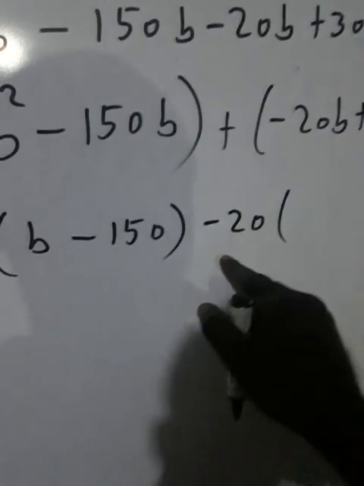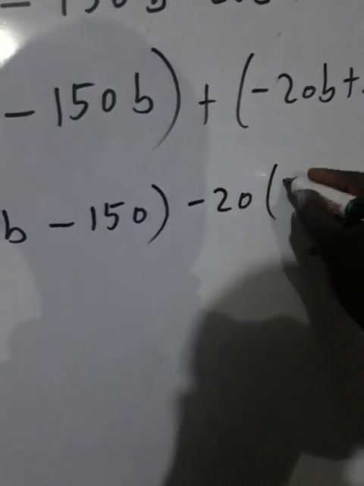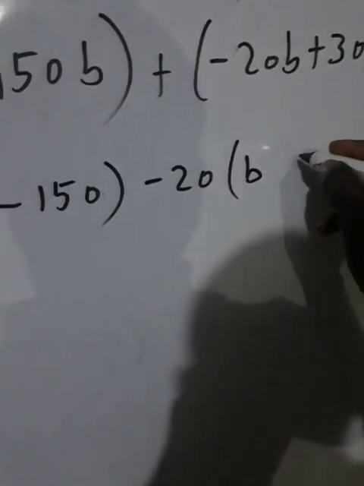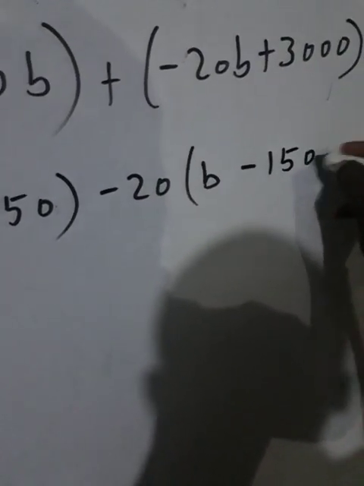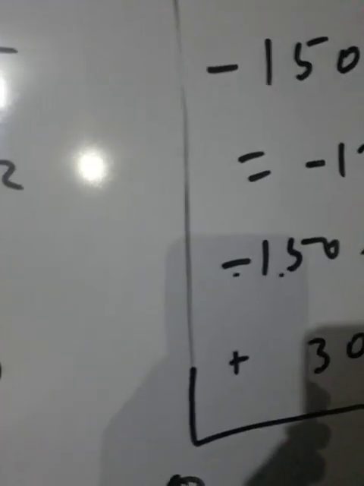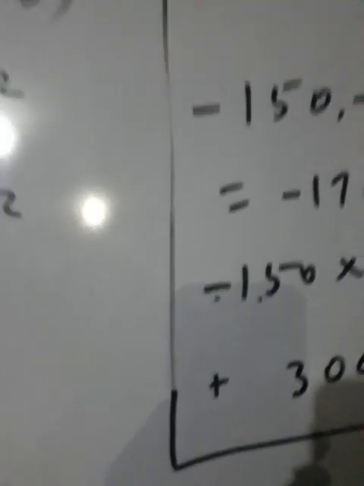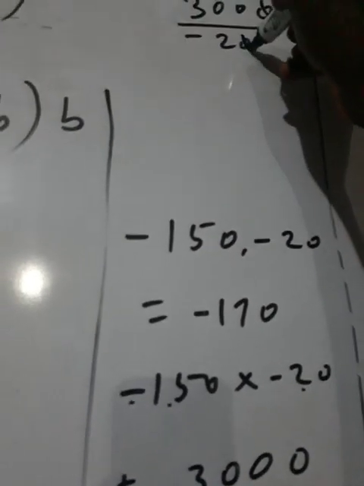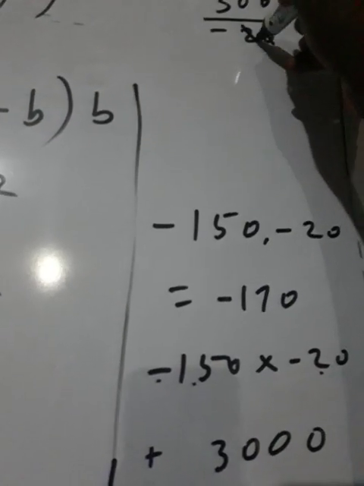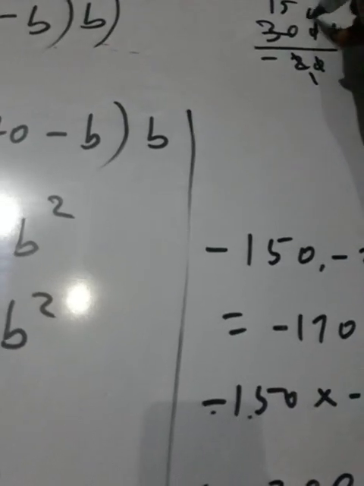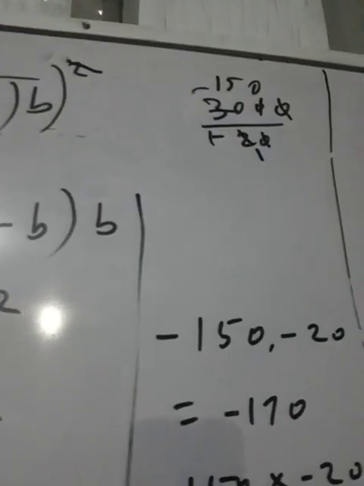Minus 20b divided by minus 20 will give me b, plus 3000 divided by minus 20 will give me minus 150. Zero cancels zero, 2 cancels 30 to give 15, and the minus moves up. So the answer is minus 150. So we have that.